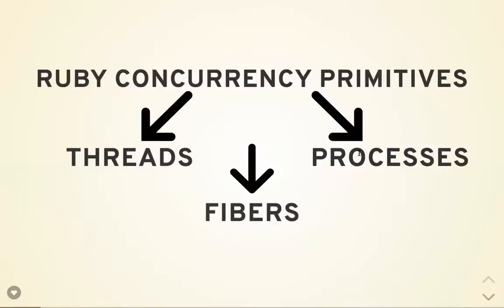A fiber is basically a context that runs within a thread, and you can switch between them manually. So you know when one is running and when the other one is running. So you can have that kind of concurrency where you know precisely how fibers are cooperating in the same thread. So Ruby actually allows you to do that if you want to. Thank you.